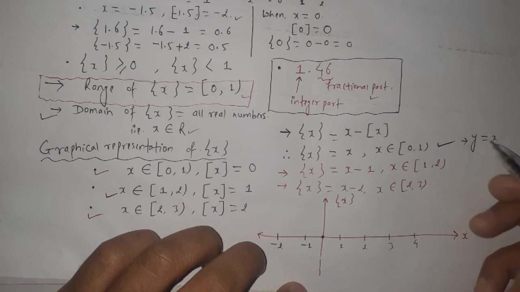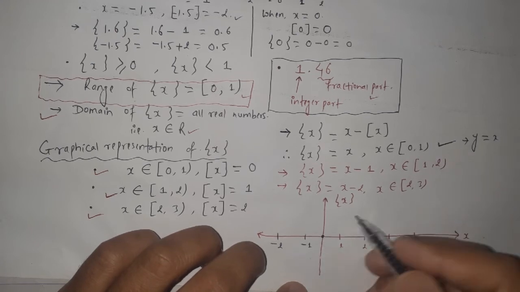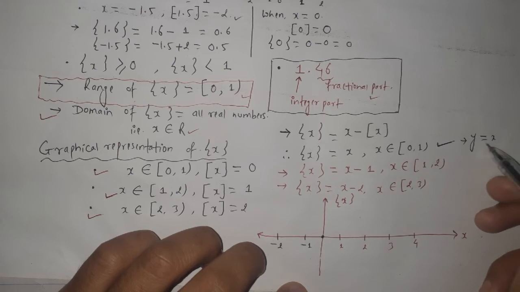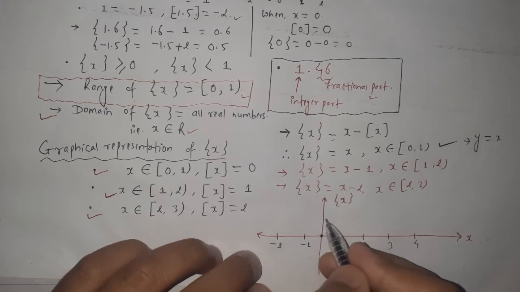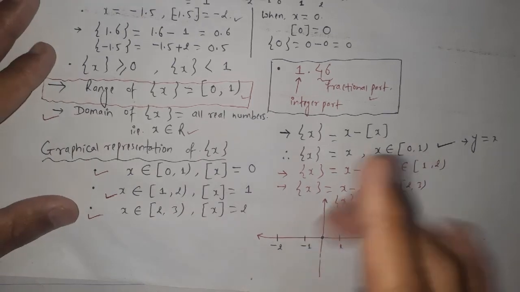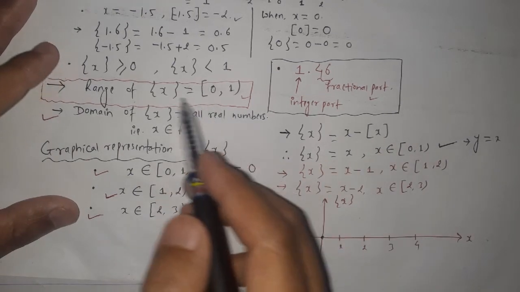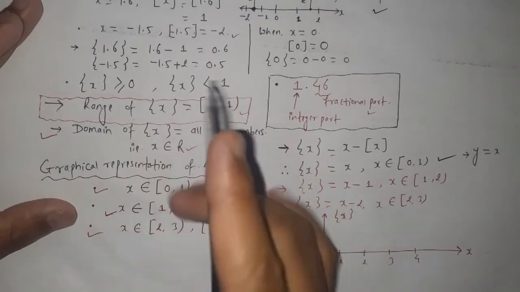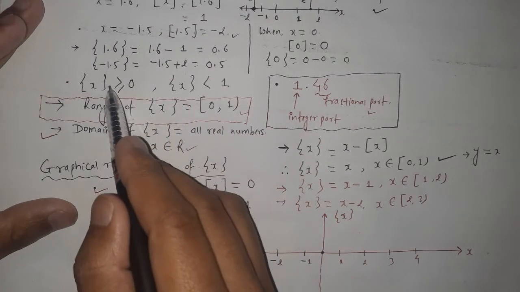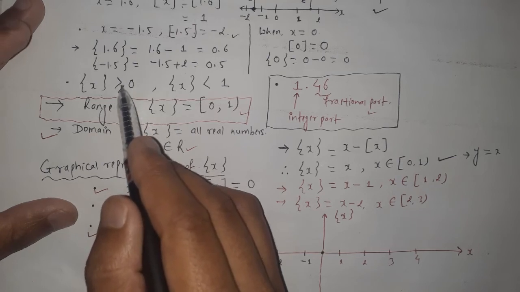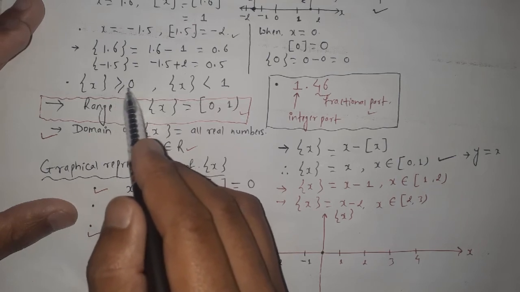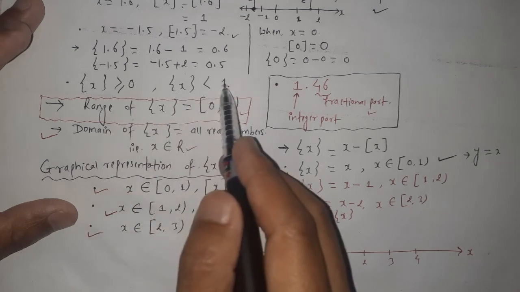It is just the line that passes through the origin, and it is at a 45 degree angle with the positive x-axis. And as we already discussed, the fractional part function always begins from 0. Its minimum value is 0, and it is always less than 1.